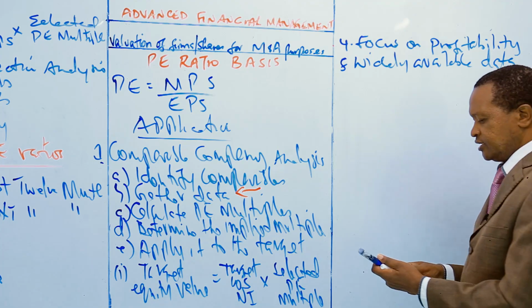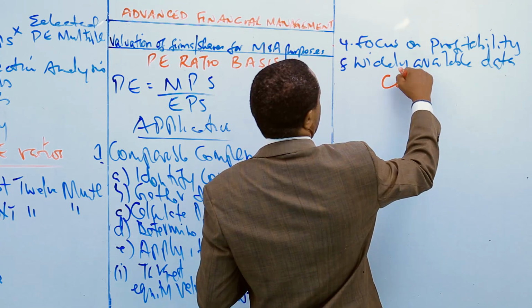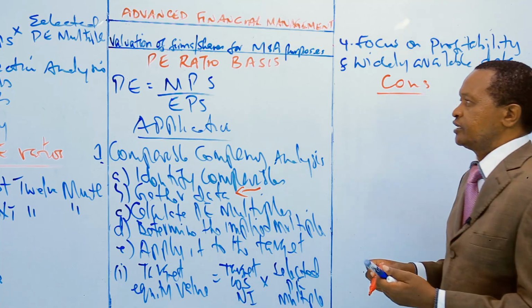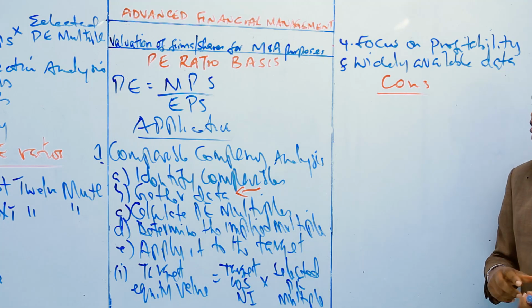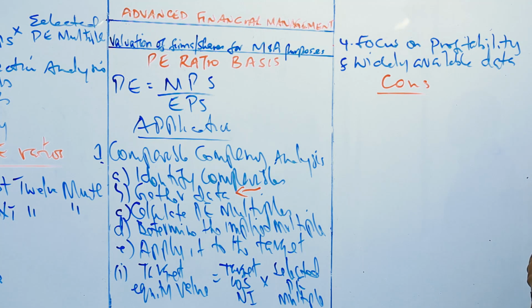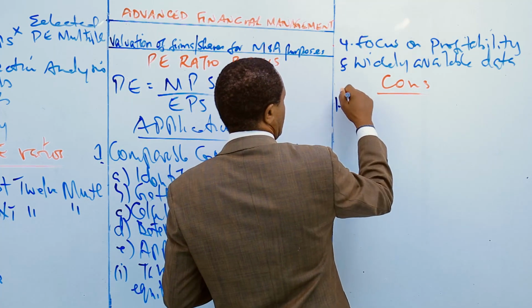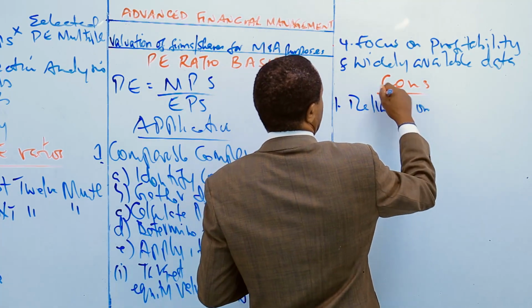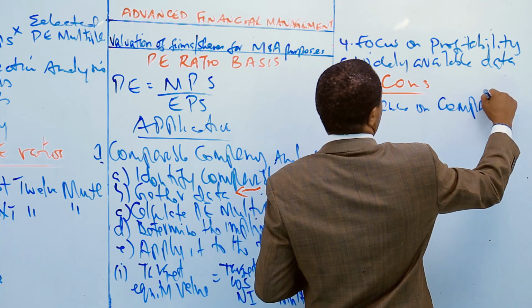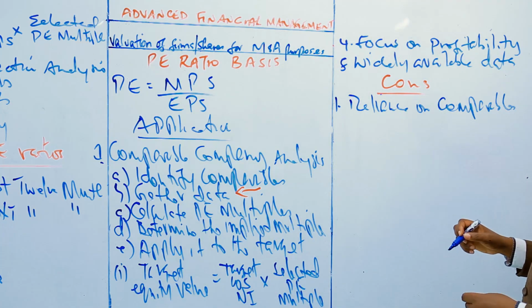Then what are the limitations? What are the limitations of the PE ratio in valuation of mergers and acquisition? The first disadvantage of this method is reliance on comparables. Now, how is reliance on comparables a disadvantage?